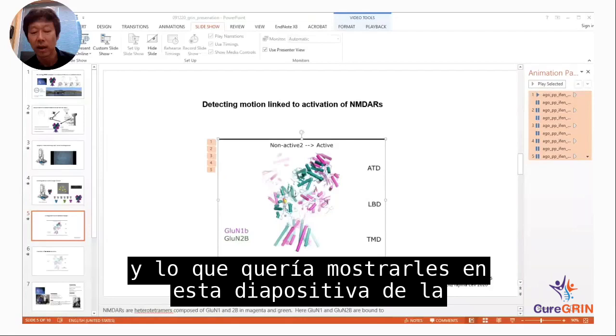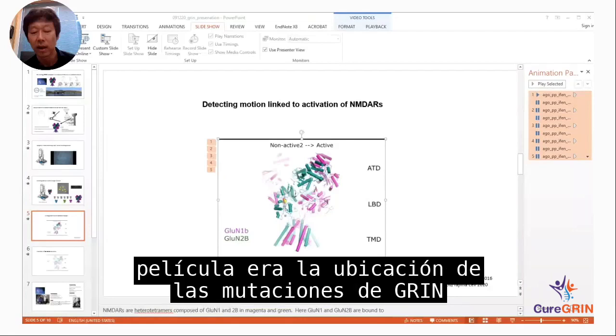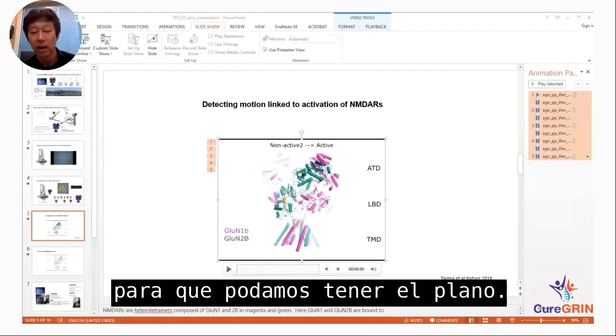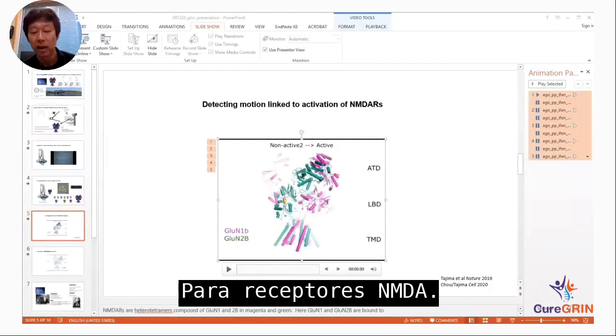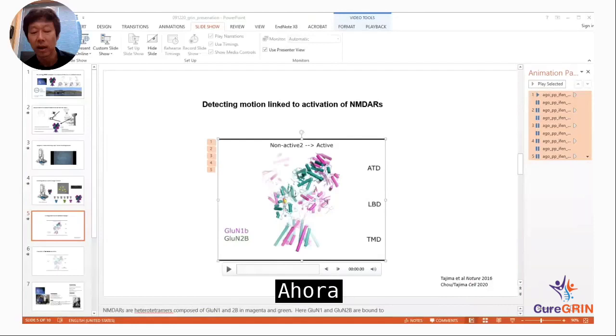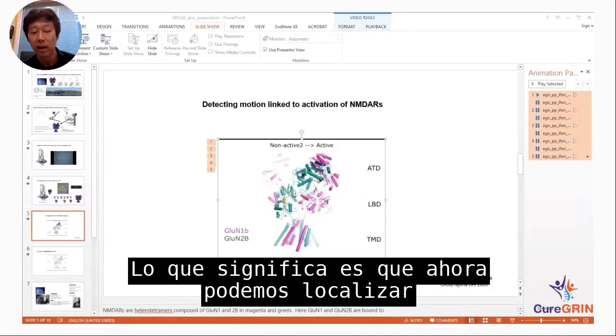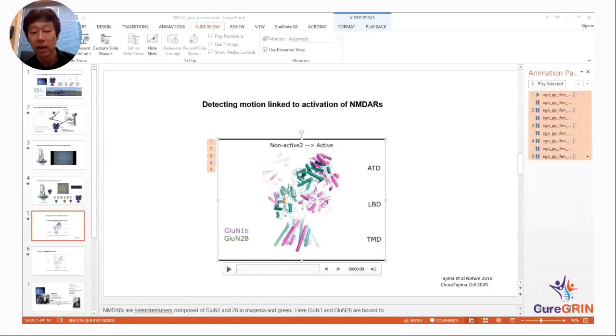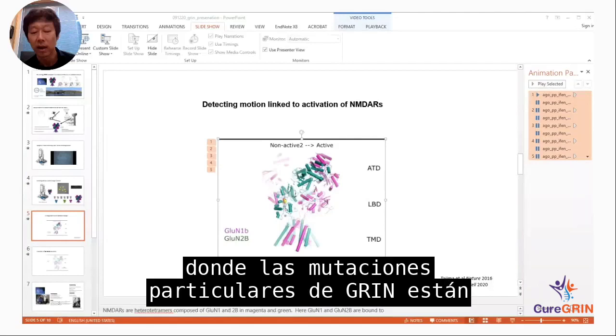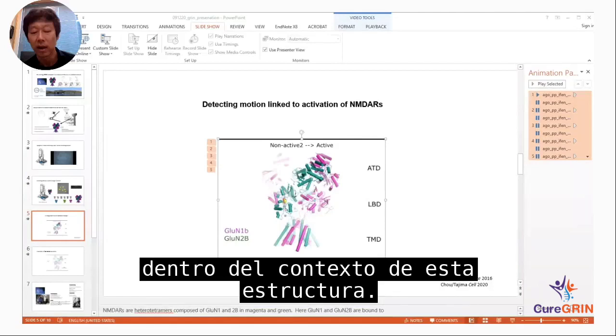And what I wanted to show you in this movie slide was the location of GRIN mutations. So we have the blueprint for NMDA receptors. Okay, now again, we can visualize them at the atomic resolution. What it means is that we can now locate where the particular GRIN mutations are within the context of the structure.